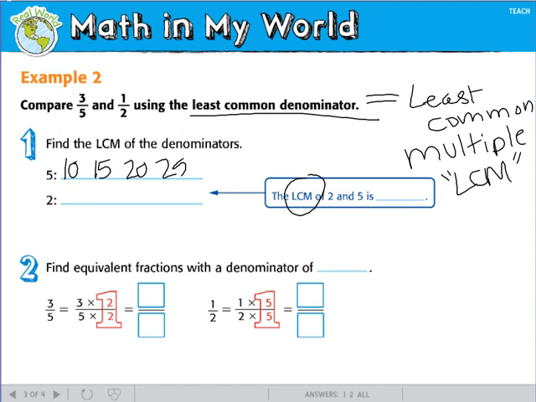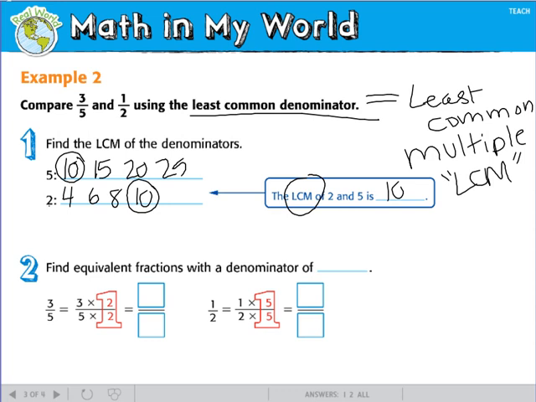I know everybody's like, Mr. Bevel, why are you doing this? I already know what it is. Yeah, okay. Let's not skip any steps because tonight you're gonna have some more difficult numbers. So I need to start at 2. So I have 2 and then 4, 6, 8, 10. Okay, I can stop, because I have a 10 here and I have a 10 here, so my least common multiple is what?